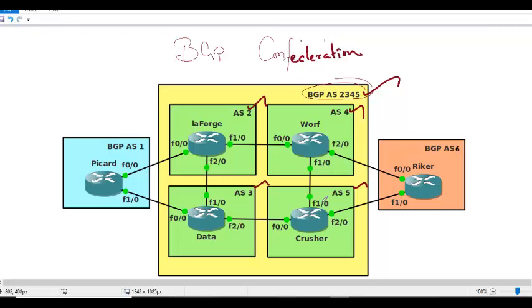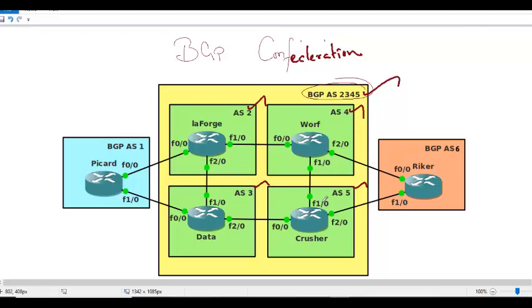Confederation is having multiple autonomous systems joining together to form another big autonomous system. These autonomous systems 2, 3, 4, and 5 all join together and work as one single autonomous system called BGP AS 2345.